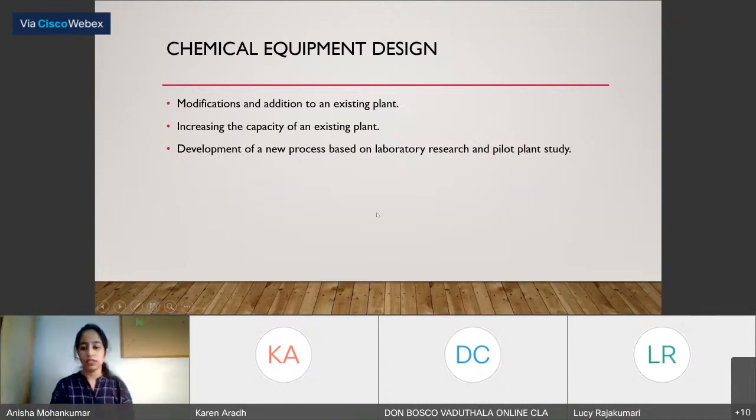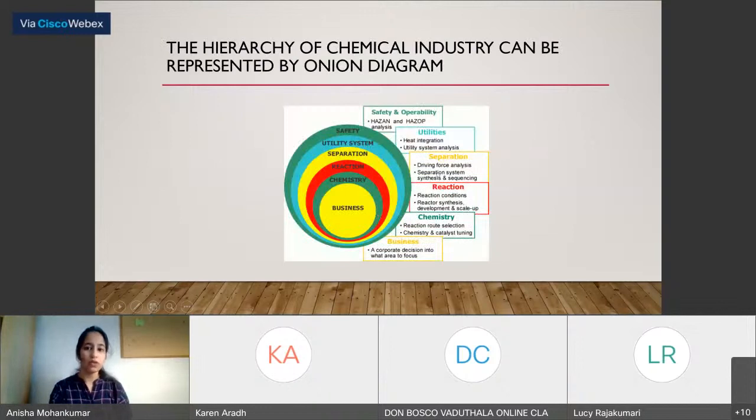So that is it. So how can you really approach designing of any equipment or any pipeline? It's starting from business: you have been assigned what you have to do, what kind of process you're supposed to do.